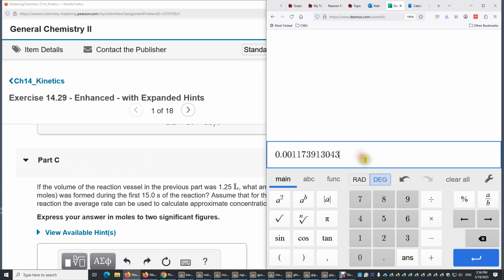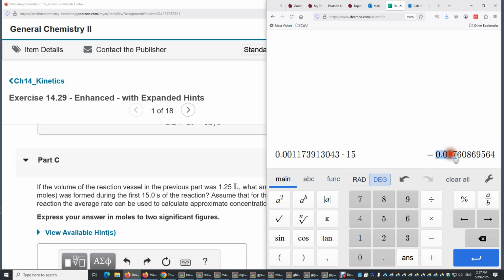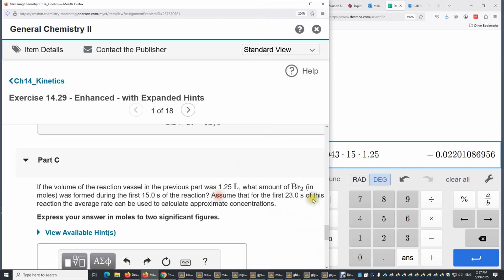And then we multiply this by 15 seconds. That's going to be the change of the concentration of Br2 from 0 to this much. Therefore, at 15 seconds, the concentration of Br2 would be 0.0176 molar. Now multiply by 1.25, we'll get the amount of Br2 at 15 seconds, 0.022.